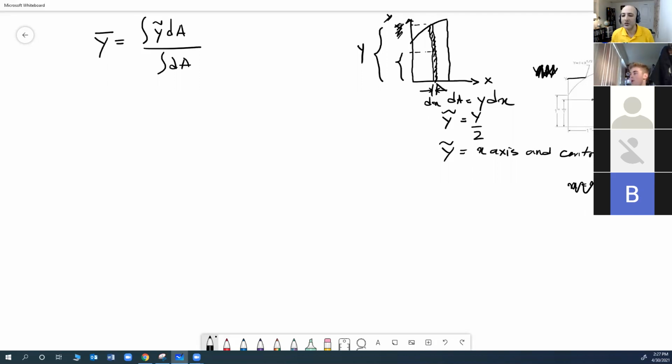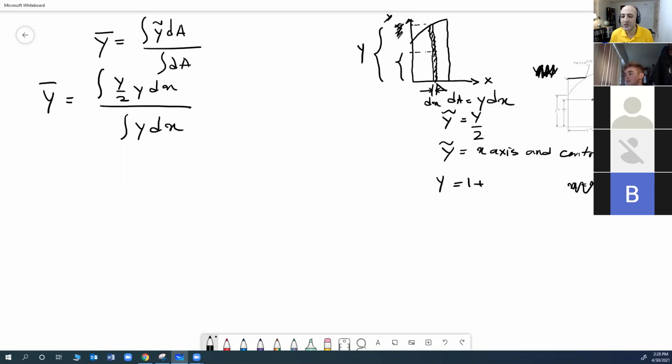Okay, so we got our x tilde and y. So it's going to be y over 2 y dx over y dx. So I got to figure out what is my x. So y equals 1 plus this. So y minus 1 equals x. So y minus 1 squared equals x.